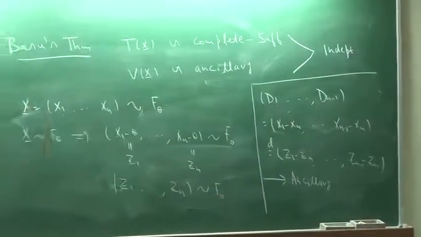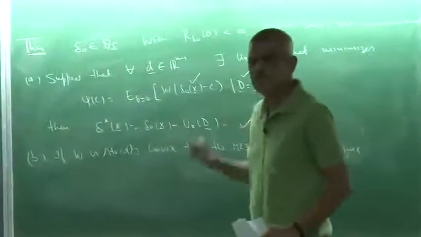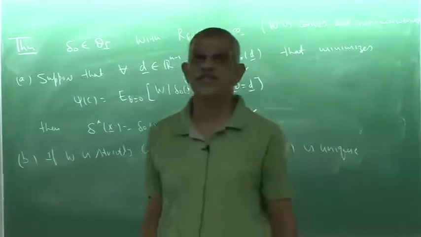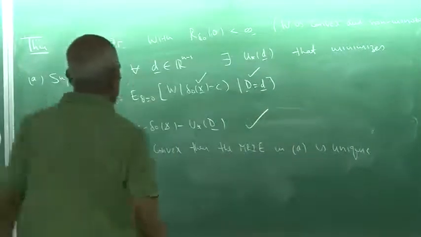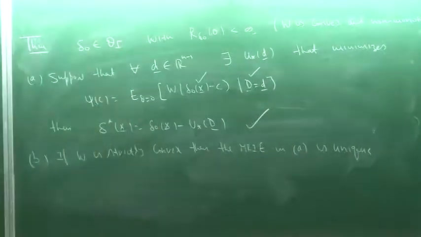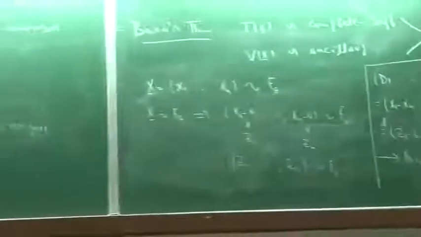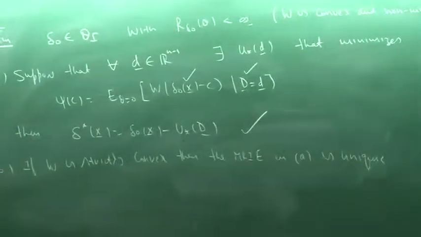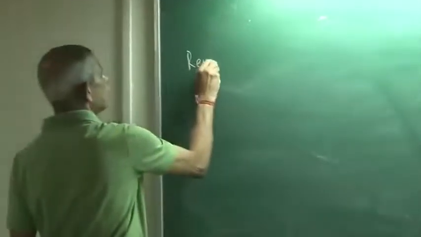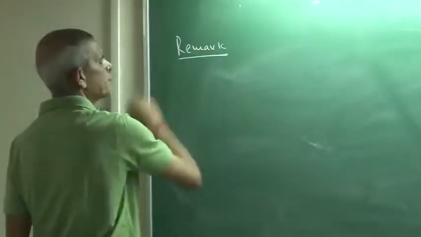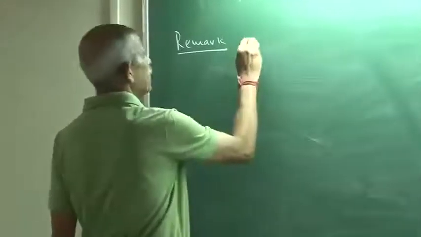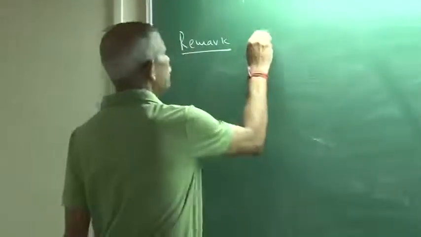So Basu's theorem suggests that I should choose my delta naught such that delta naught is complete sufficient. So I can write down this remark now. D is ancillary.